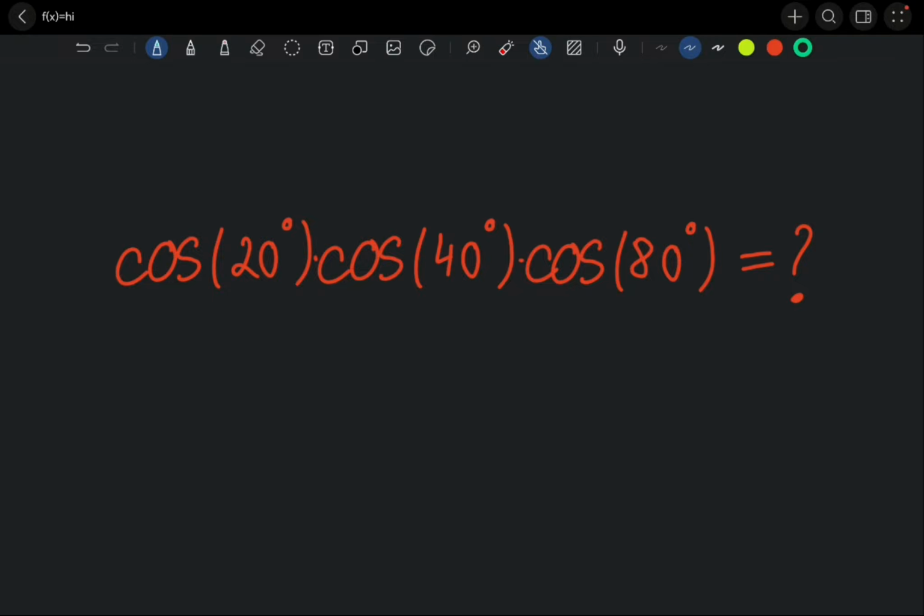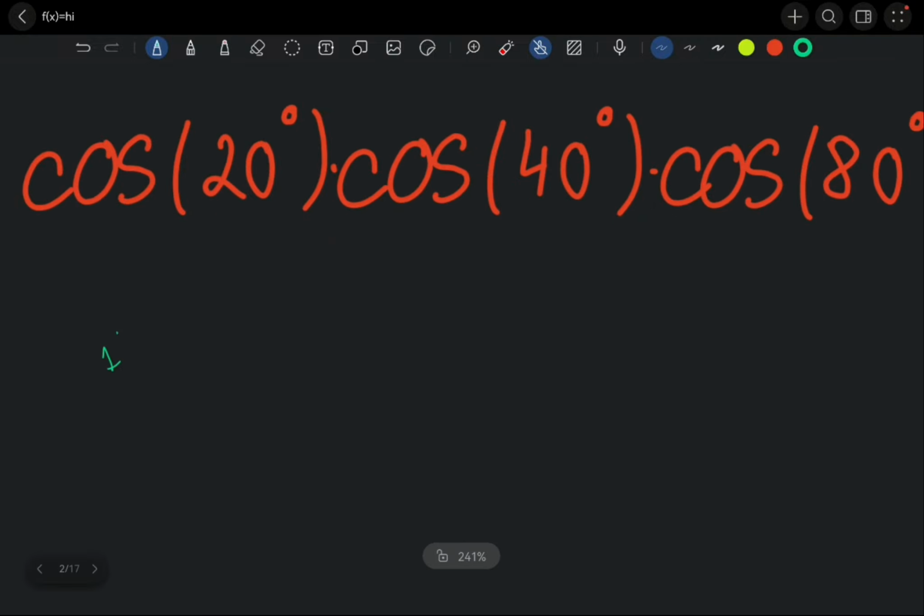Let's begin. So the first way. Before we write down a single equation, let's step back and look at the pattern. We don't have any random angles. We go from 20 to 40 up to 80 degrees. So each angle is exactly double the previous one.